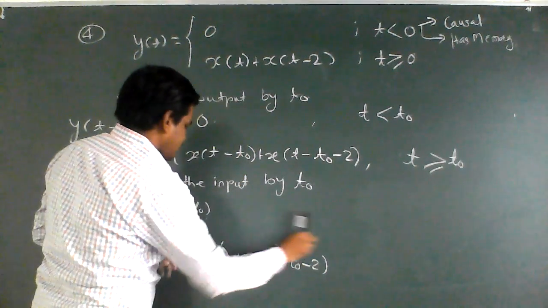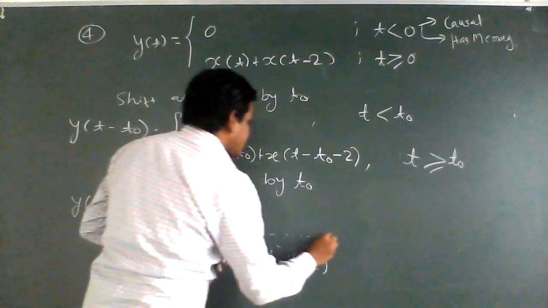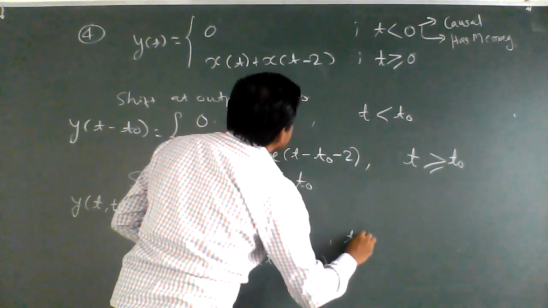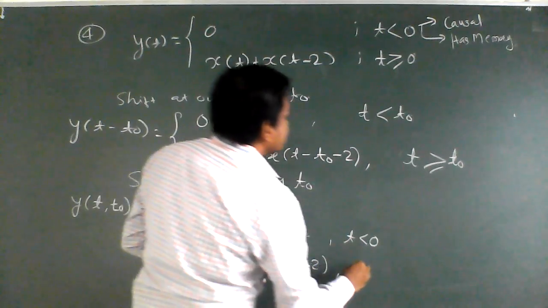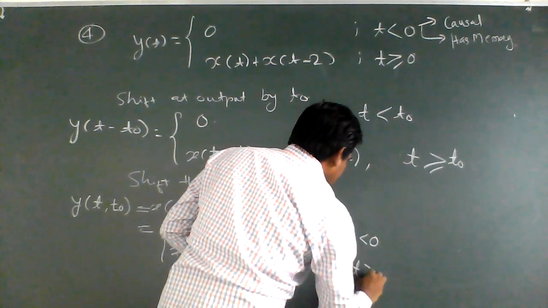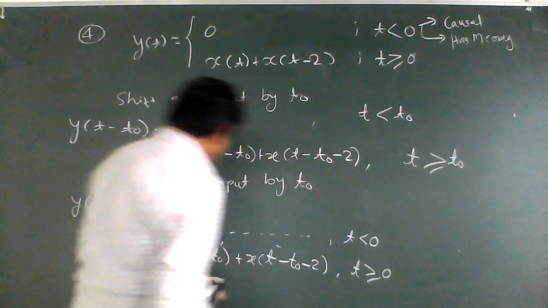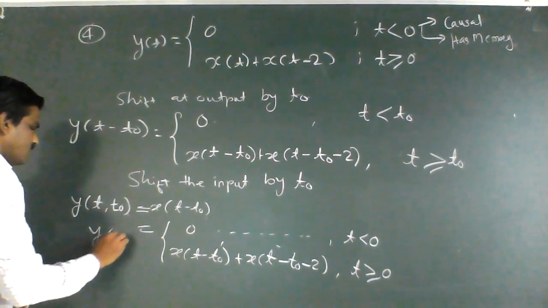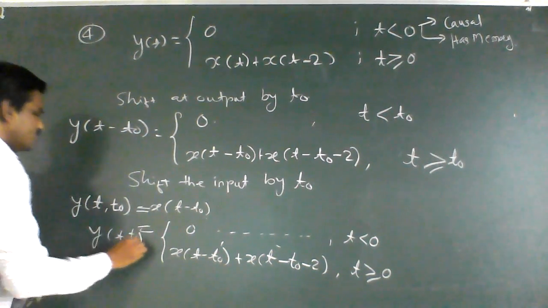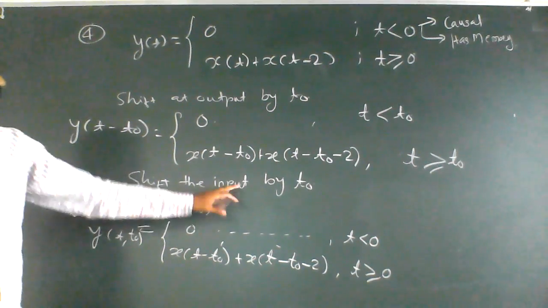I'm writing it on this side, for t less than 0, and this is t greater than or equal to 0, and this is your y of t comma t0, or you can say the input is shifted by t0.